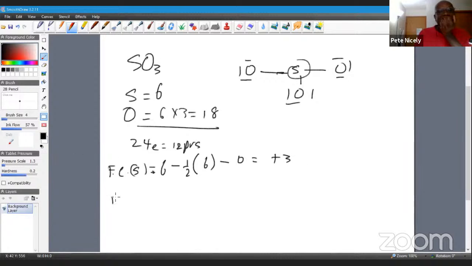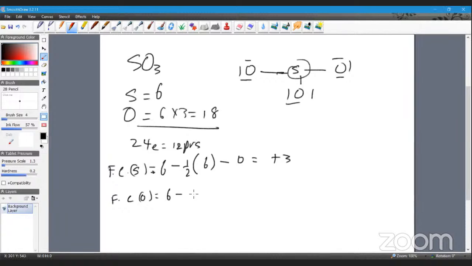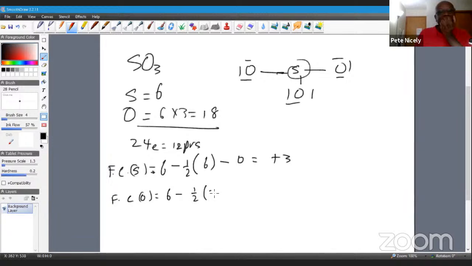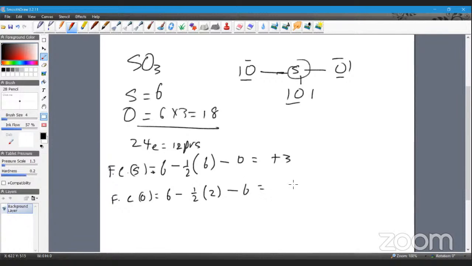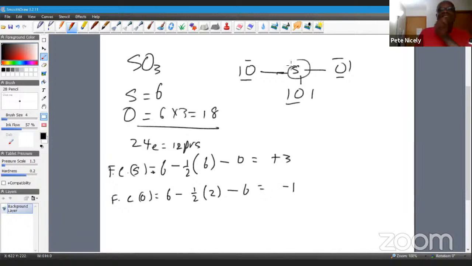And then for each oxygen, again, it's the same calculation for each of them. How would you calculate the formal charge? 6 minus half of 2, minus 6, and that gives you -1. So the sulfur has a +3 charge, and each oxygen has a -1 charge.